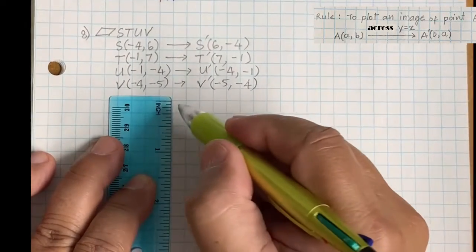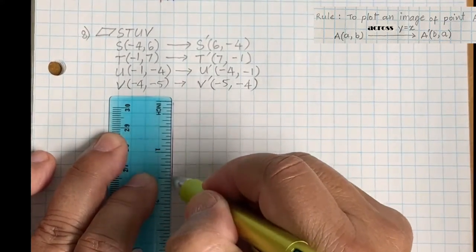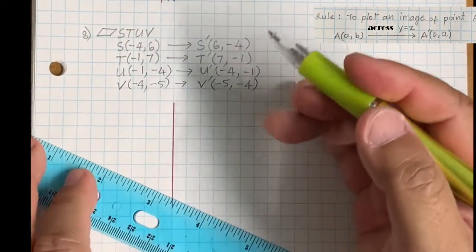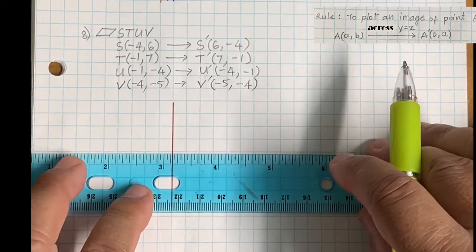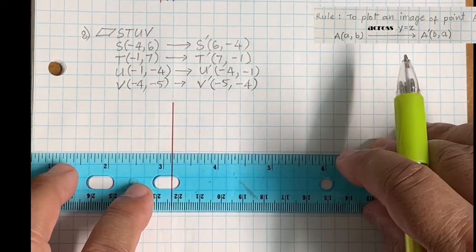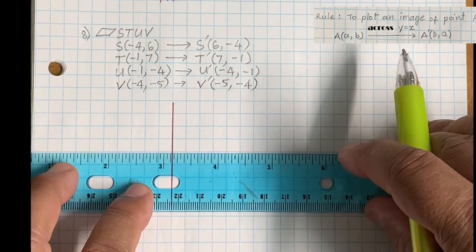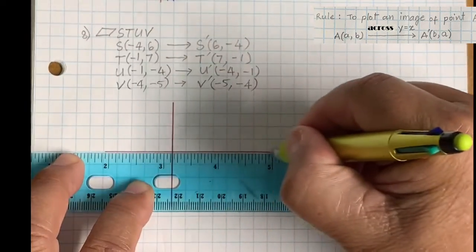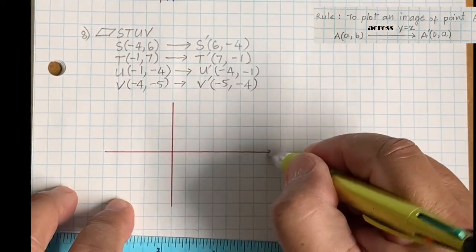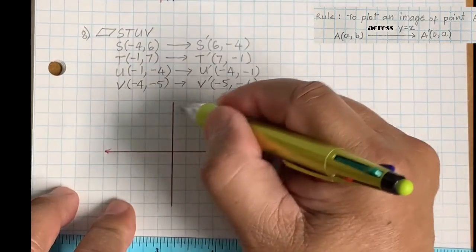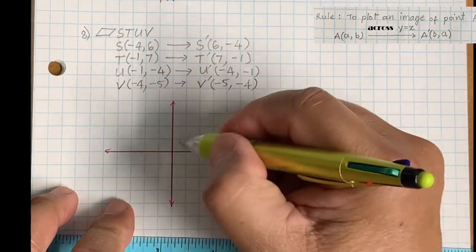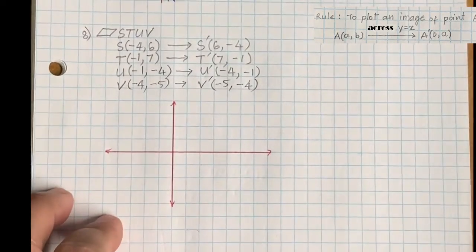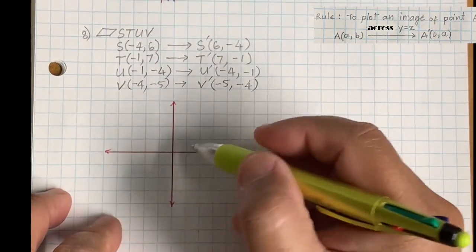So I am going to use 2 units for a square. The figure will be a little smaller. So keep in mind, each square is not 1 unit but 2 units.